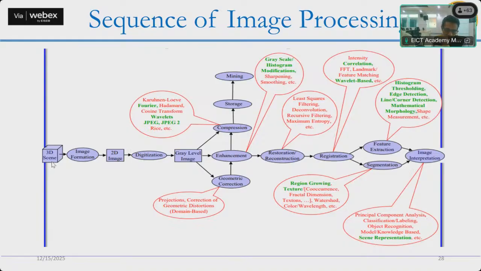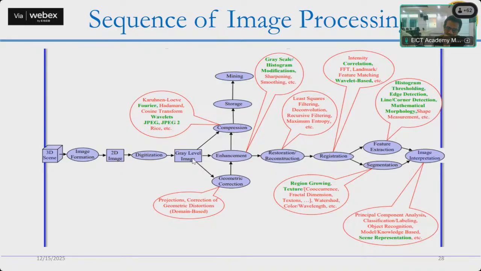We take a 3D scene, which is the normal scenario for us. Thereafter, image formation happens. Remember, when we want to analyze the image, we convert that into a 2D image. And the 2D image then goes through digitization. What do we mean by digitization? Again, there are two things: sampling and quantization. And thereafter, you get the gray level image.